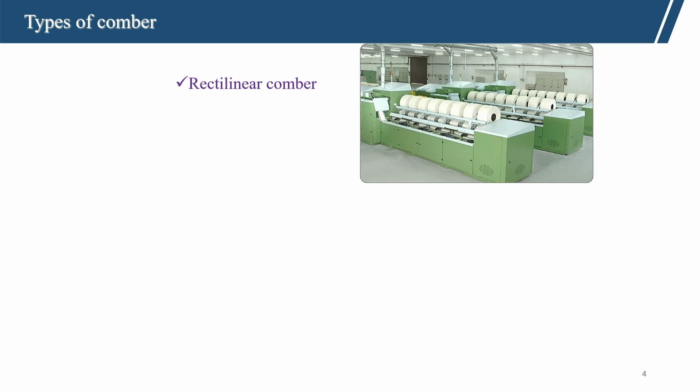Now, there are different types of combers. One is the rectilinear comber, which is very popular in the cotton industry and woolen industry. That means fiber movements are in a linear direction from back side to forward side. Circular combing is also used mainly for very delicate fiber, extra long fiber. Rotary combing is also used, and hackling.